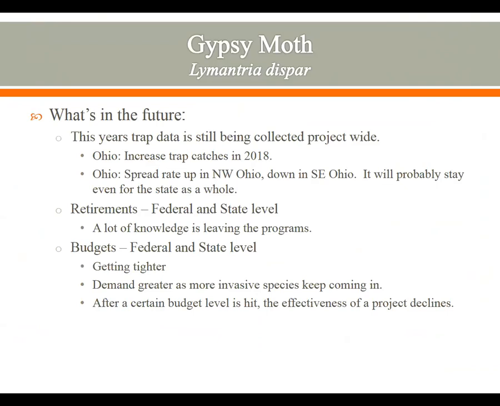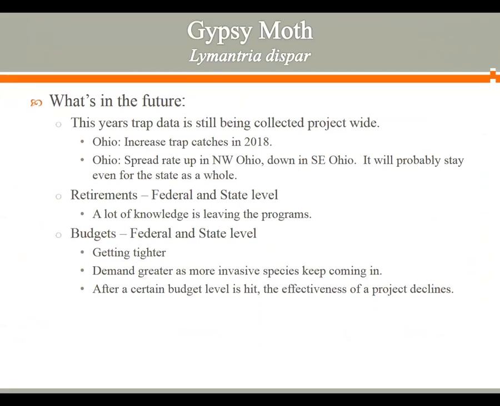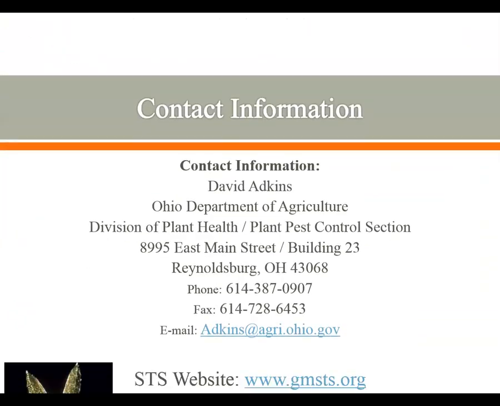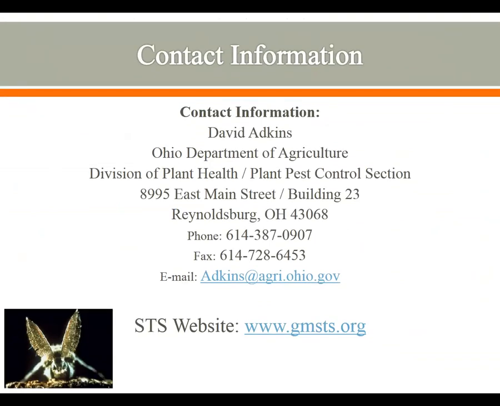You saw what happened during the 2005 to 2009 period, how the spread rate increased because we weren't able to do as many treatments. So budgets are definitely a concern in the future. I appreciate the opportunity to talk. I can answer any questions now that anyone may have about the STS program.